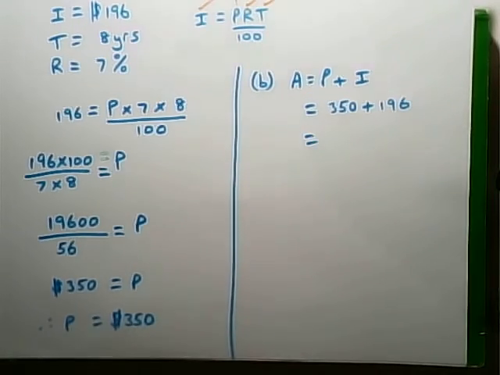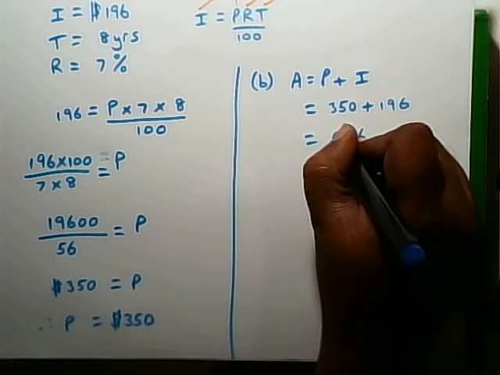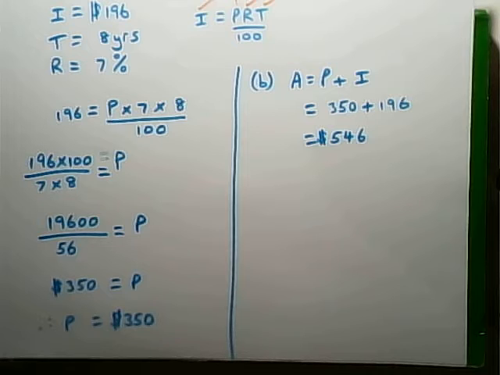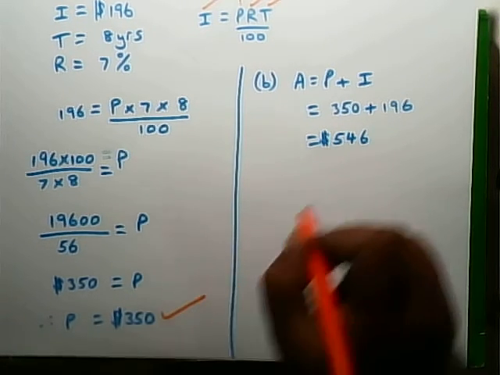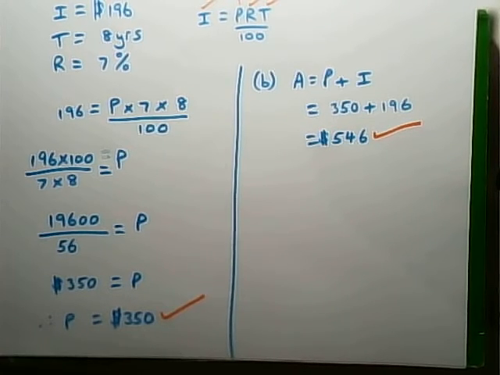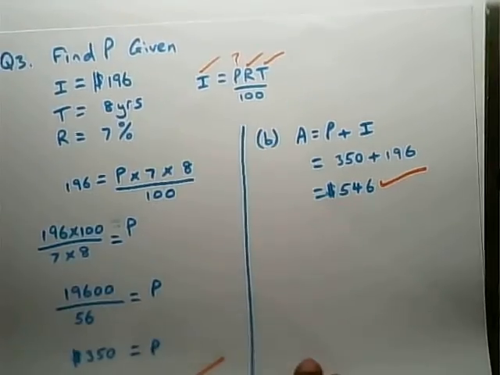If you add it up, 350 plus 196, you get 546. Two answers there: the principal and your total amount in the bank after 8 years. That was question 3.